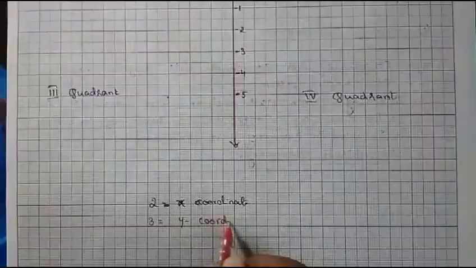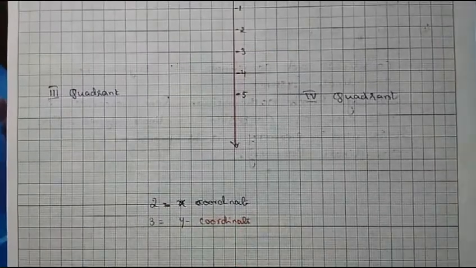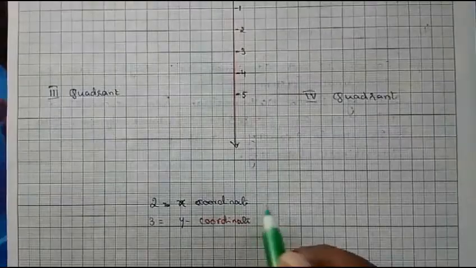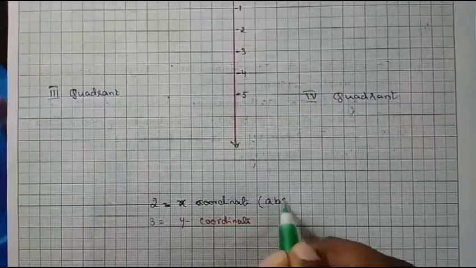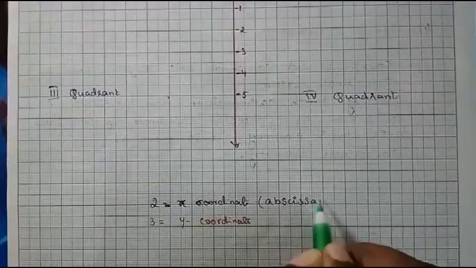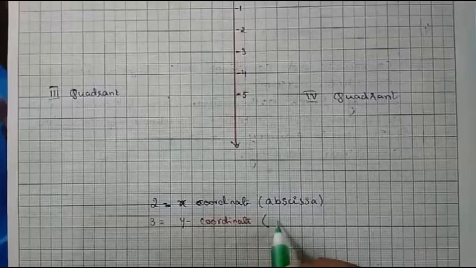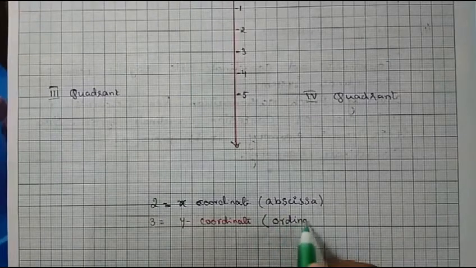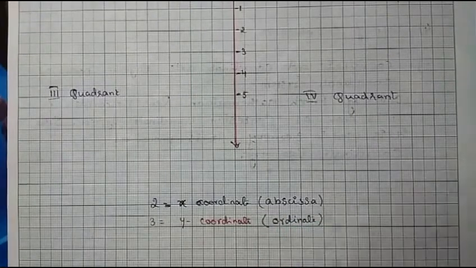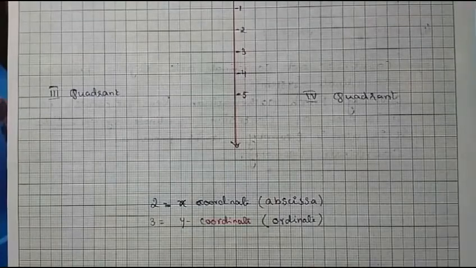So for the x coordinate, another name is abscissa, and for the y coordinate another name is ordinate. This comes in objective type questions, so you have to remember.